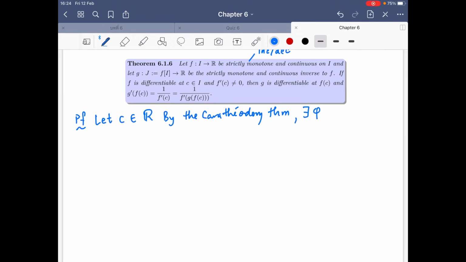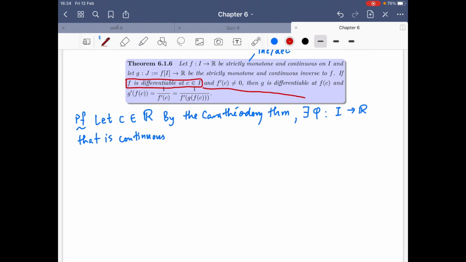the phi, from I to R, that is continuous. So this phi came from what? It came from f being differentiable at this point c.